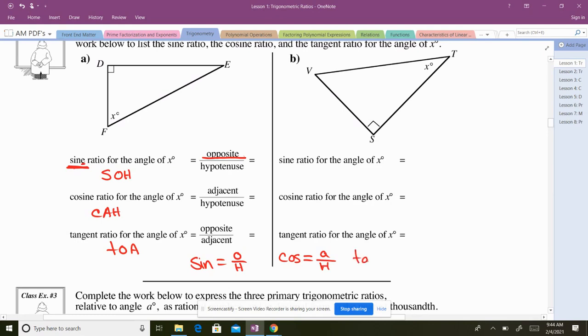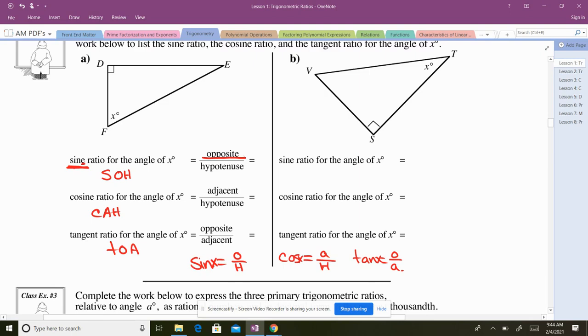And the tan is the opposite over the adjacent. Now, what these should have in there is sine of angle x, cosine of angle x, tan of x, because it's the angle.